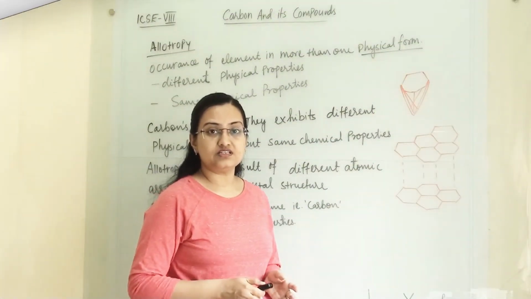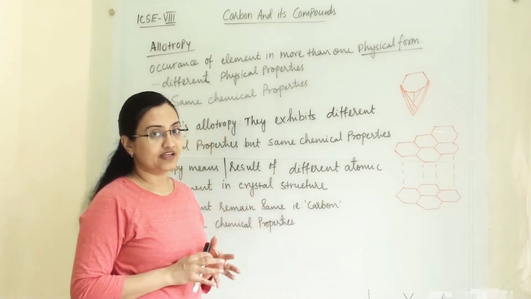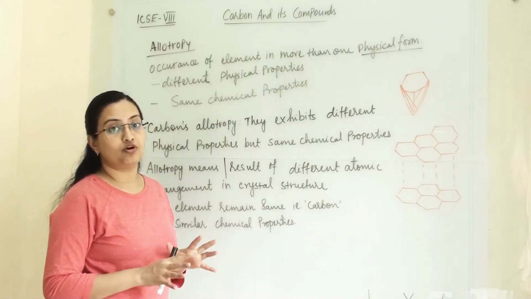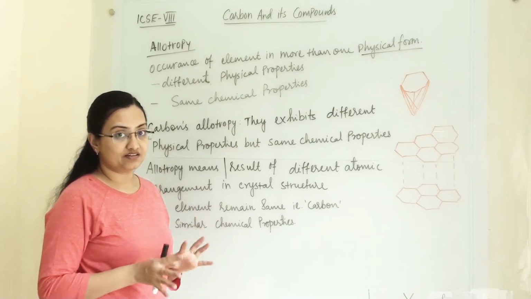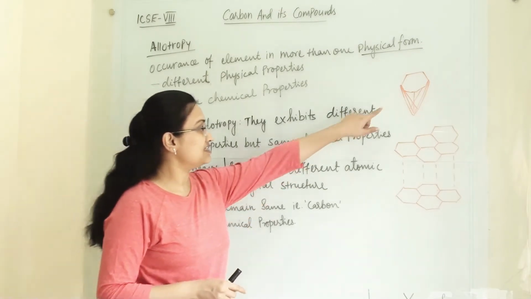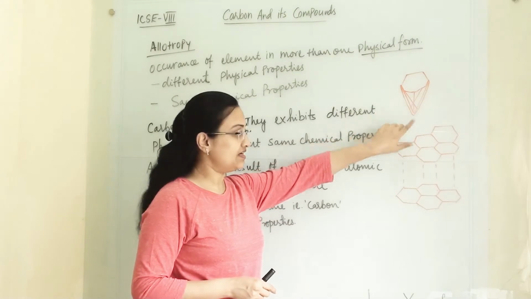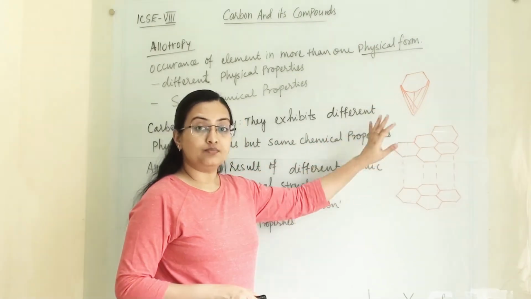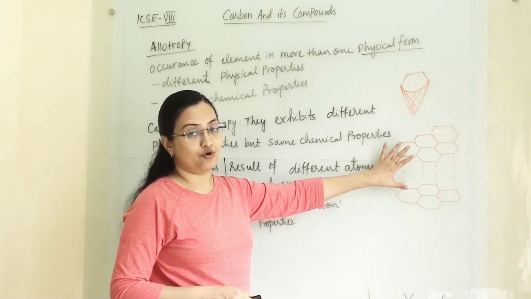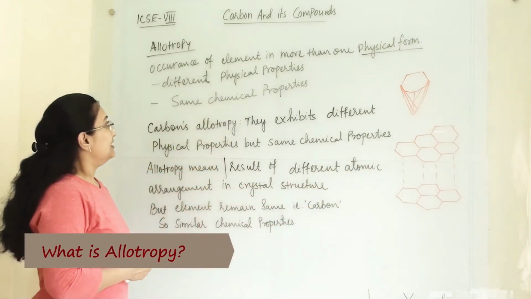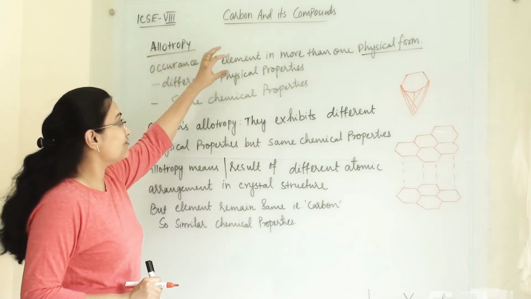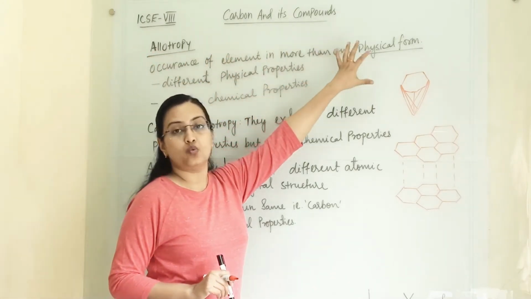Now let us understand the meaning of allotropy. Here we are talking about two allotropic forms of carbon. Both are crystalline, and we are discussing diamond and graphite. These two are allotropic forms of carbon. Allotropy is the occurrence of an element in more than one physical form.